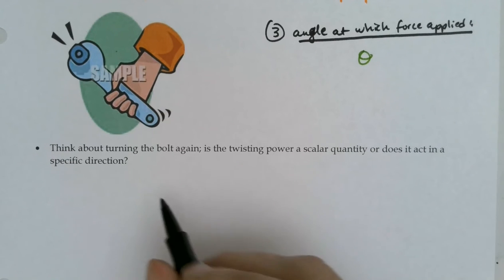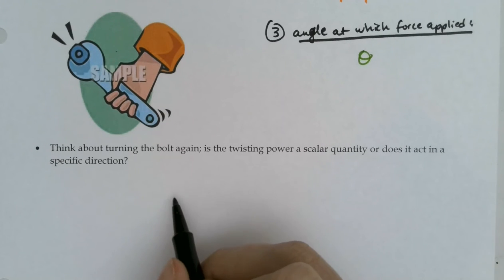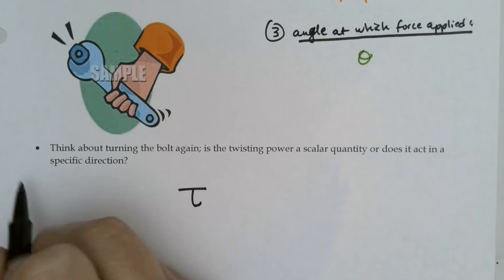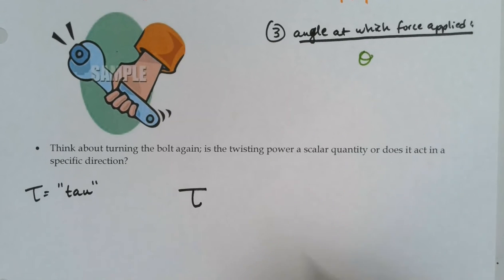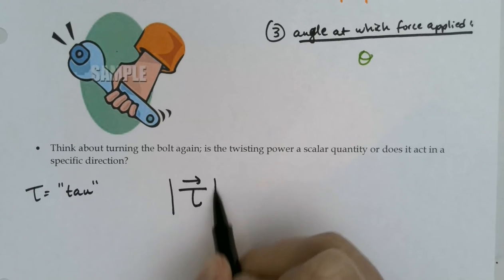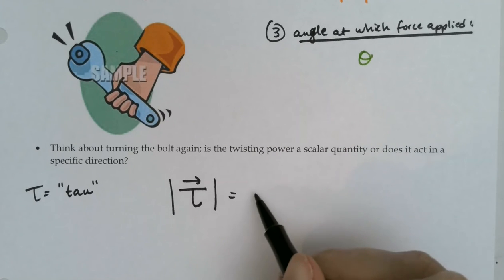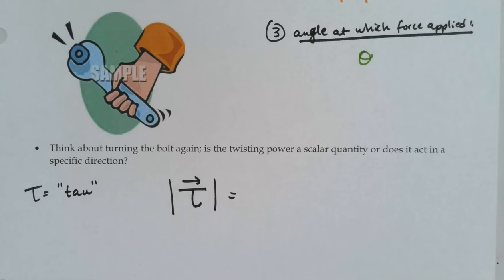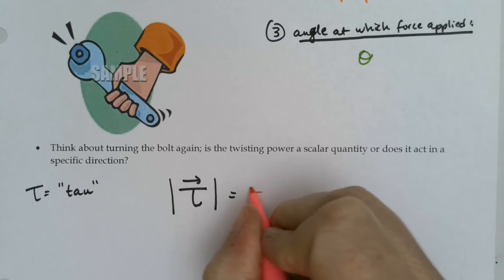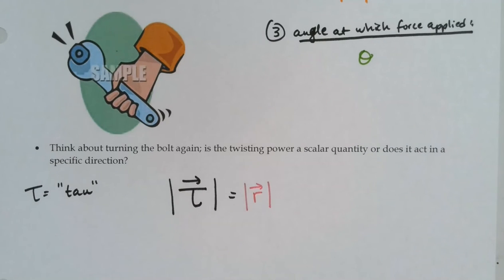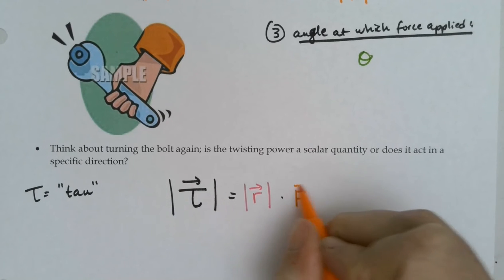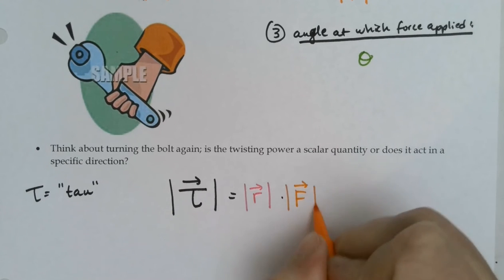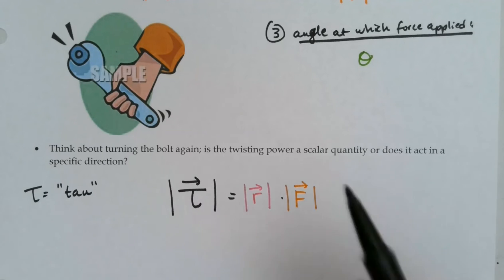So that leads us to the twisting power, which is tau. Okay, so that's tau in Greek, T-A-U. It's a Greek letter T, so it has a little hook on it. So the magnitude of the tau vector is equal to the magnitude of the radius vector times the magnitude of the force vector times the sine of your angle theta.